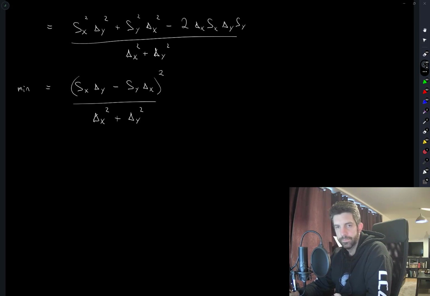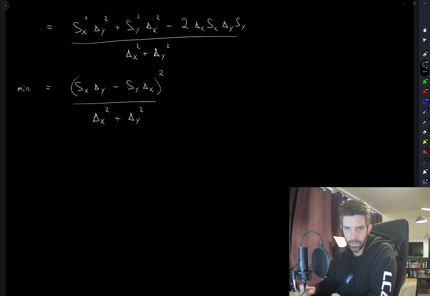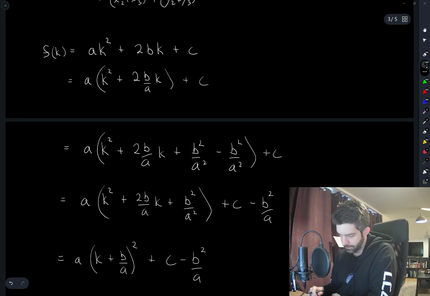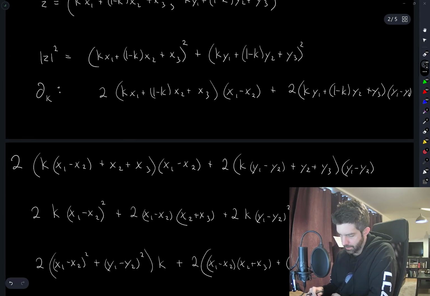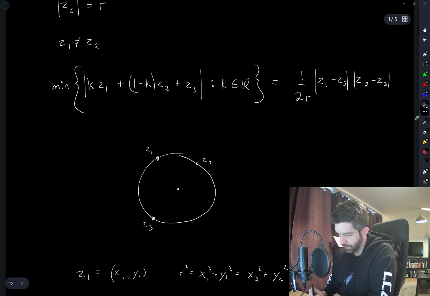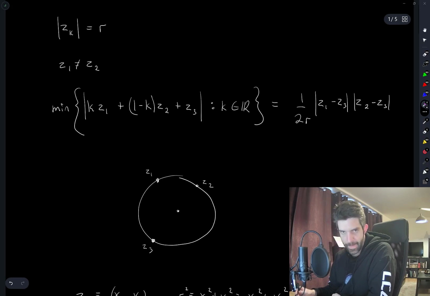Oh no, I have a sign mistake somewhere. All the way back to the beginning, that was a minus sign. So of course, I really should replace z3 with negative z3 everywhere.